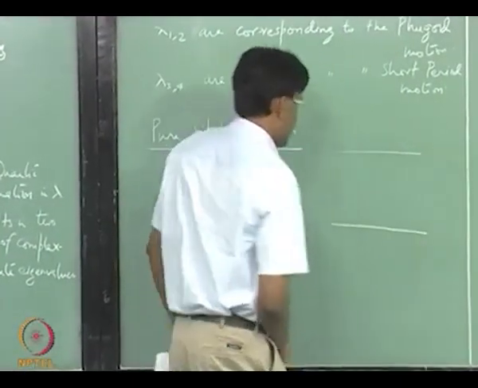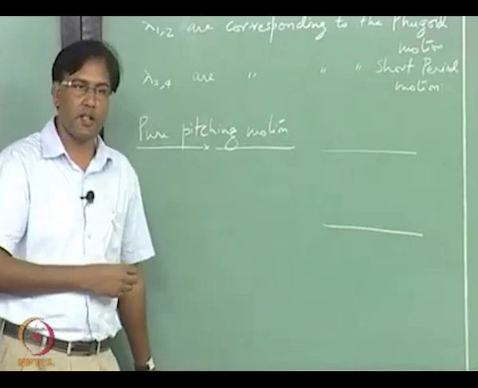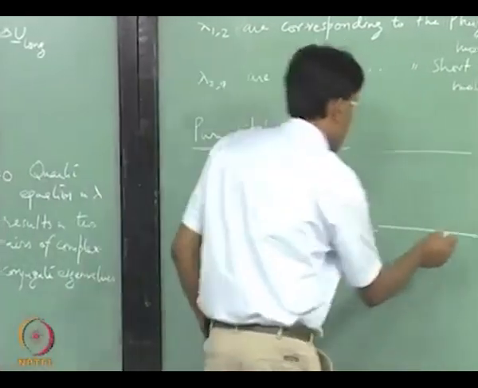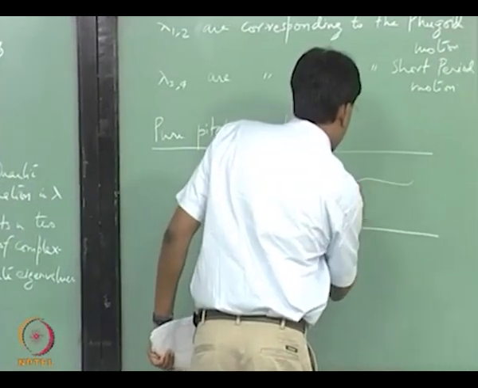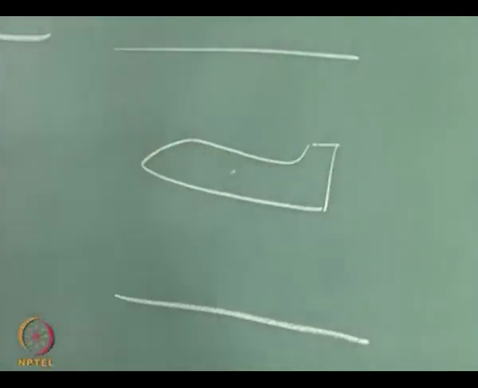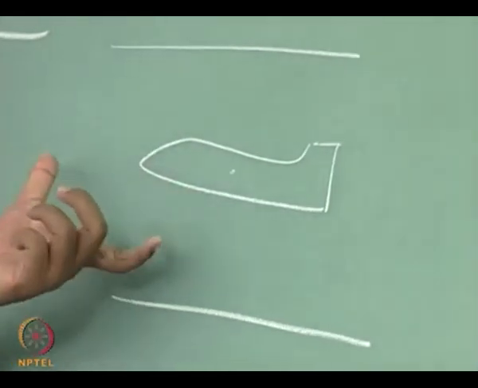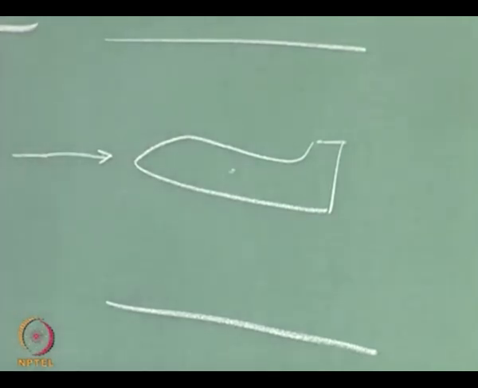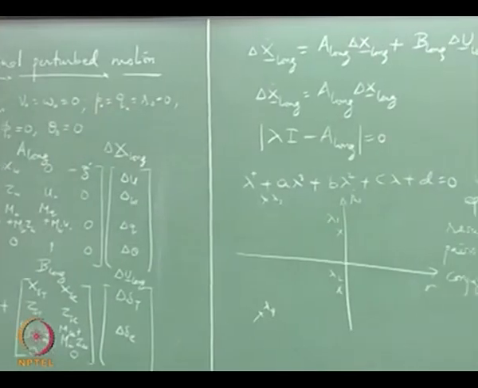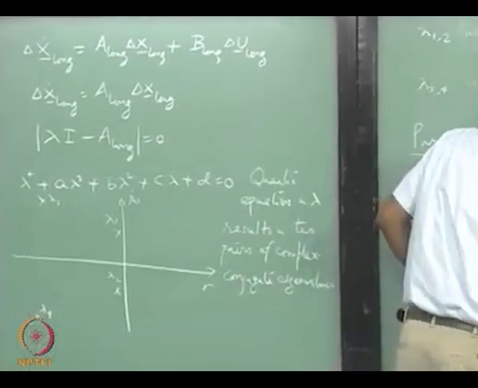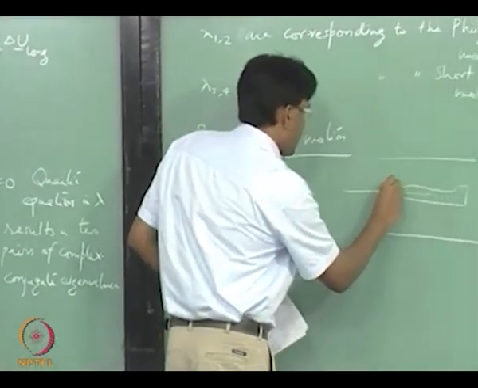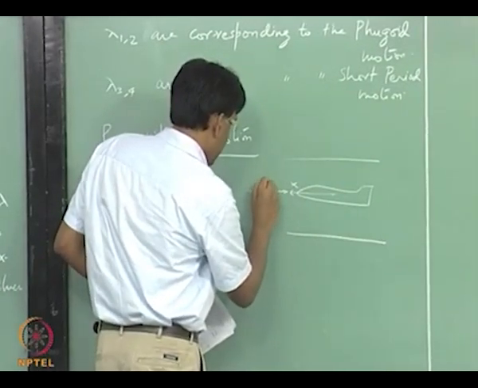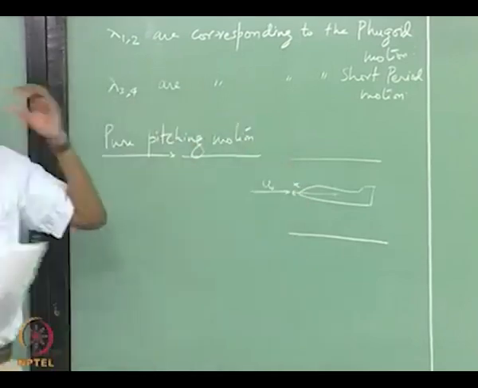So, if you are doing a wind tunnel experiment and want to measure the frequency and damping corresponding to this pitching motion, then place your model in the wind tunnel so that you are satisfying this equilibrium condition. So, this x axis of the aircraft is actually aligned with the airflow.